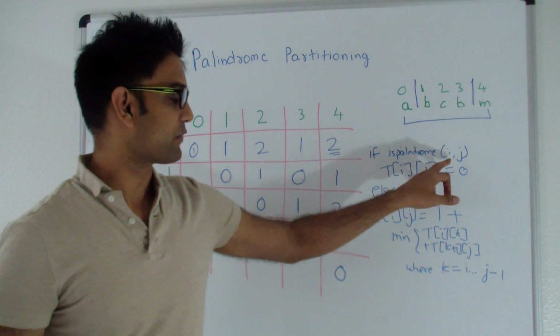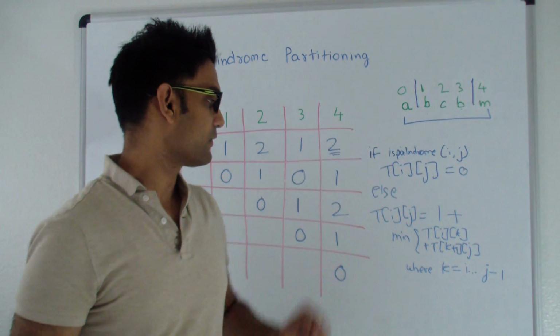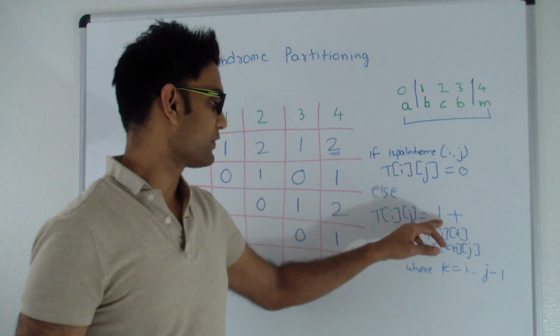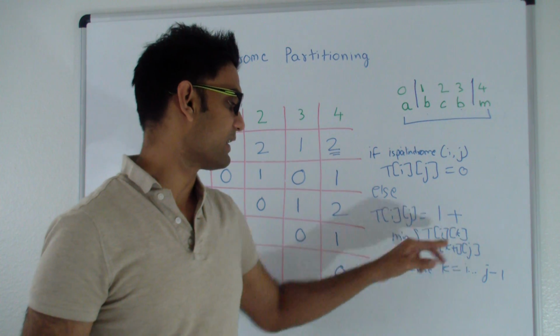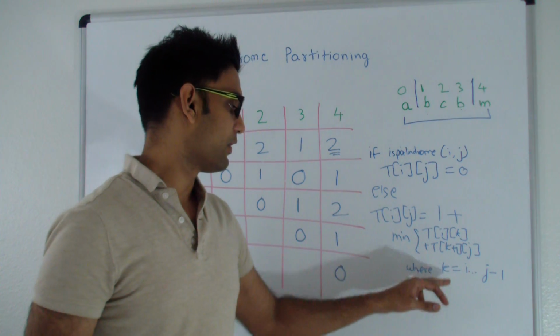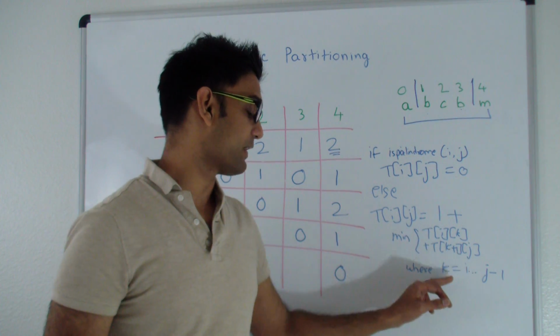So if string between I to j is palindrome, it's 0, else we'll have T of I j is 1 plus minimum of T of I k plus T of k plus 1 j, where k goes from I to j minus 1.